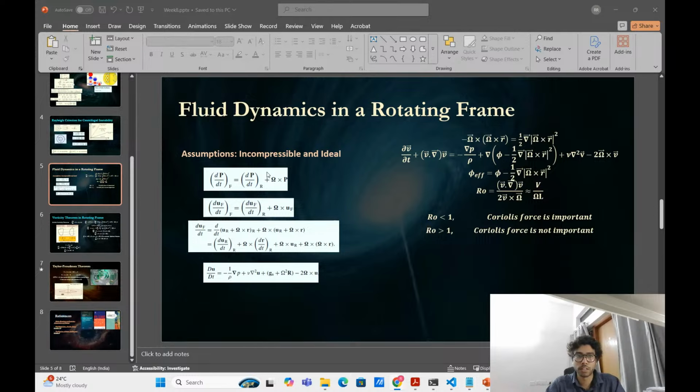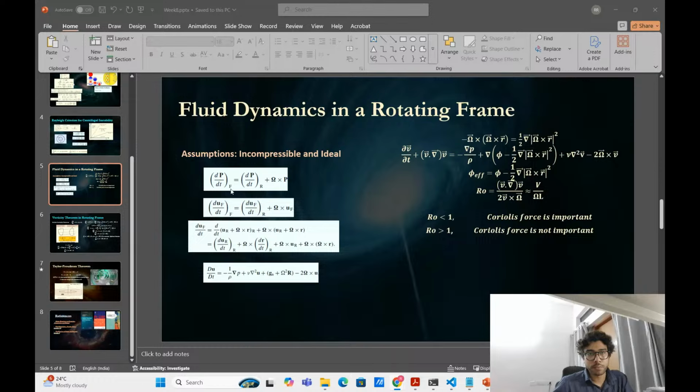This subscript R represents that set of coordinates fixed to the rotating object. So this equation tells how the time derivative of the vector transforms from the fixed frame to the rotating frame.